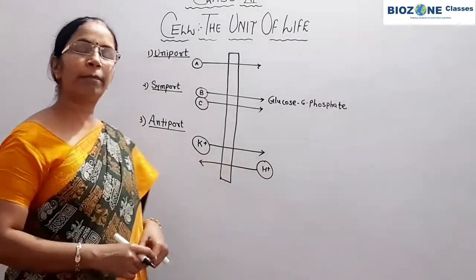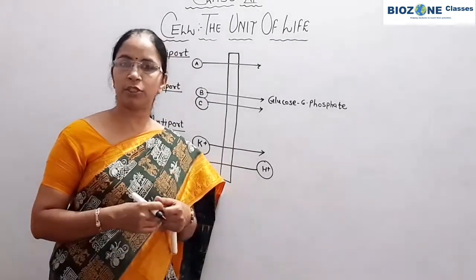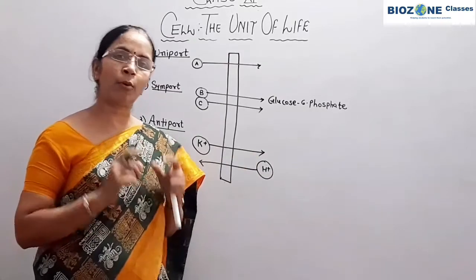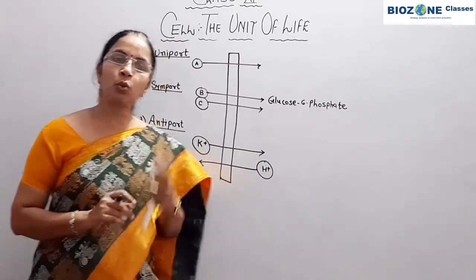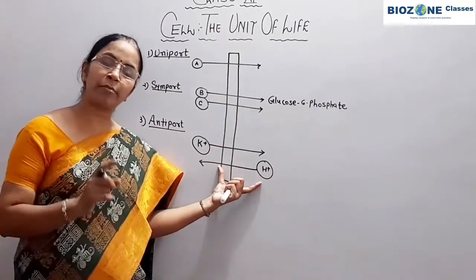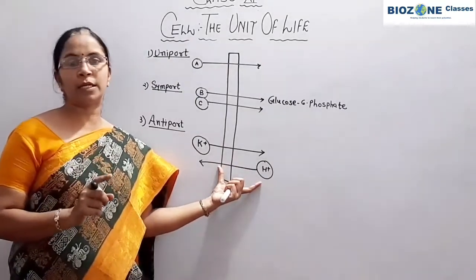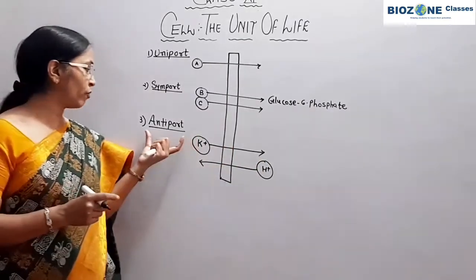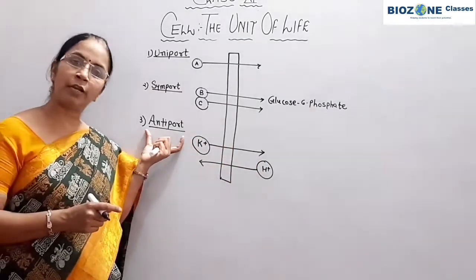So here you remember, ions of similar charge are transported in opposite directions. Two molecules or two ions are transported at the same time, but every time they are transported in opposite directions; that kind of transport is called antiport.